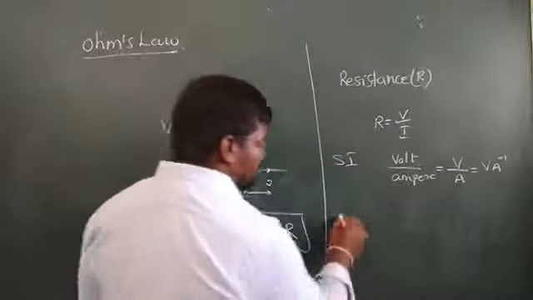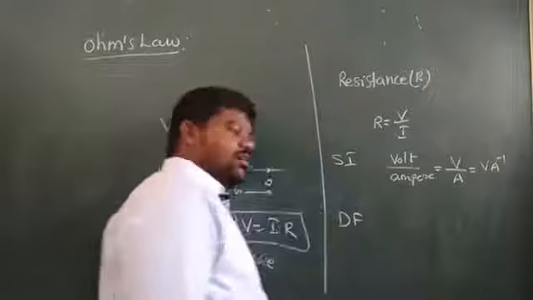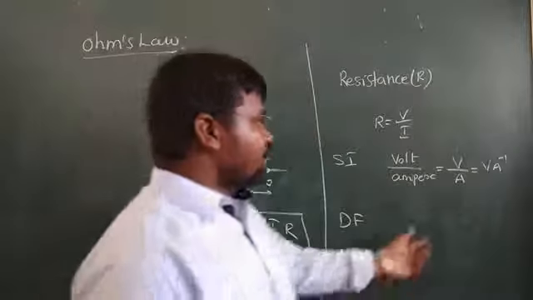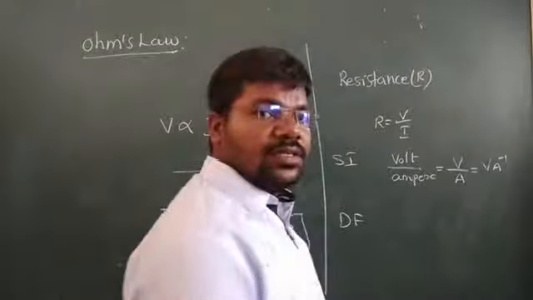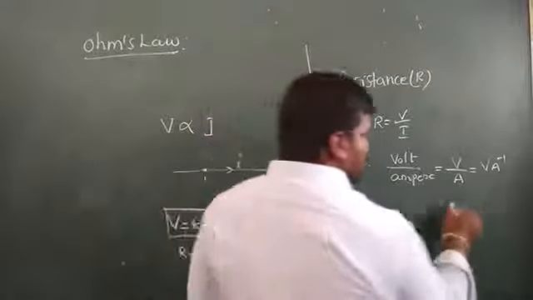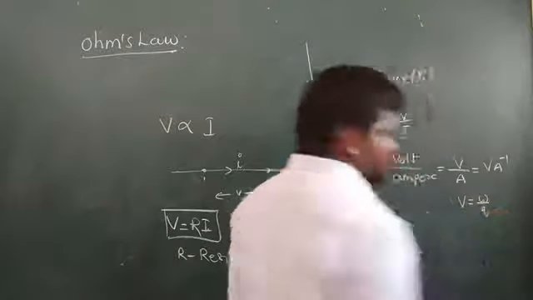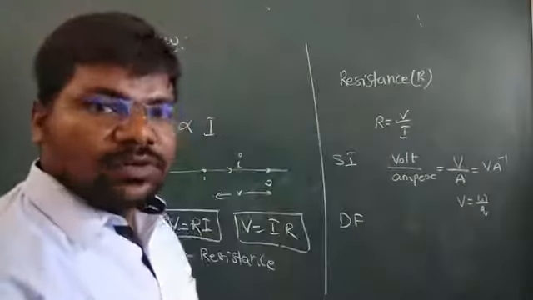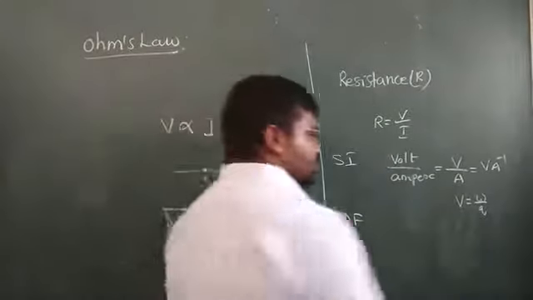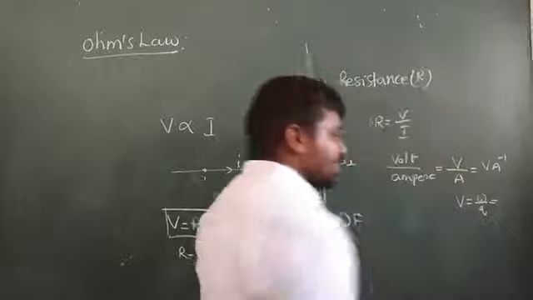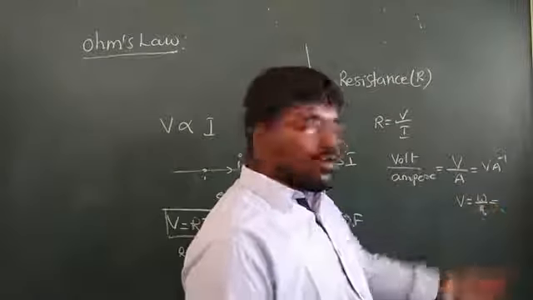Coming to the dimension formula. What is the dimension formula of potential difference? How can we find it? We know that potential difference is equal to work done by charge. What is the dimension formula of work done?